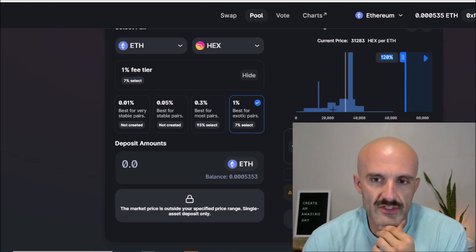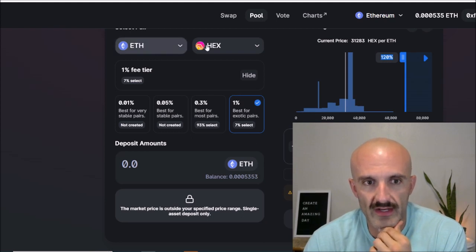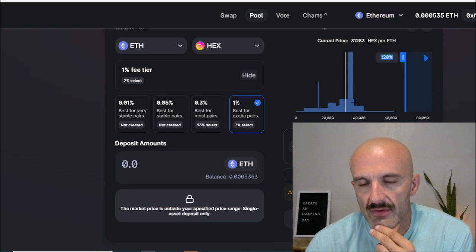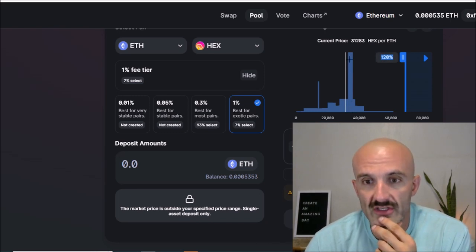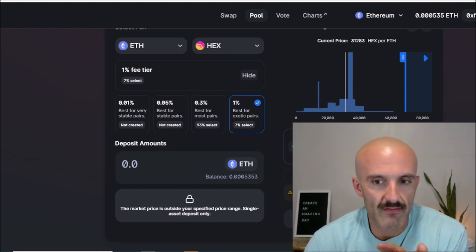Well, there's $265,000 of liquidity in this pool, Hex, ETH, 1%, right? But if you look at this, almost all, or a decent portion of this liquidity is not even at the market price. This white little line here is where the market price is. So what does that mean?